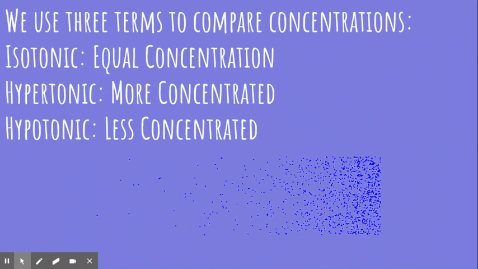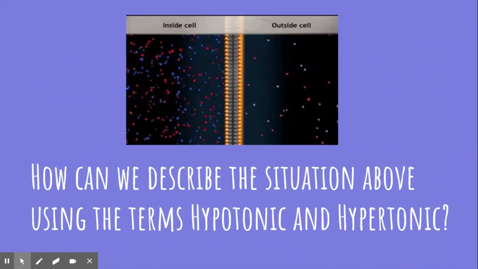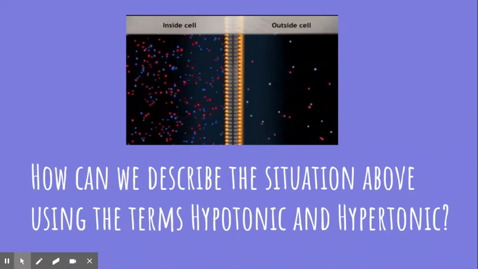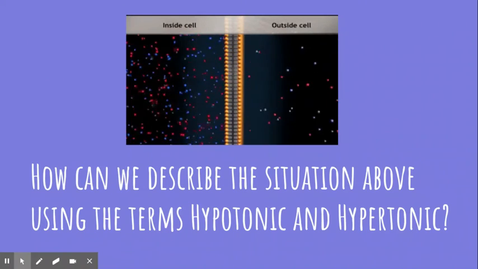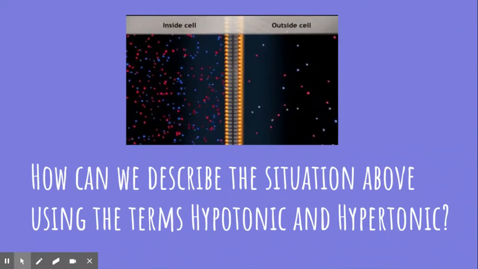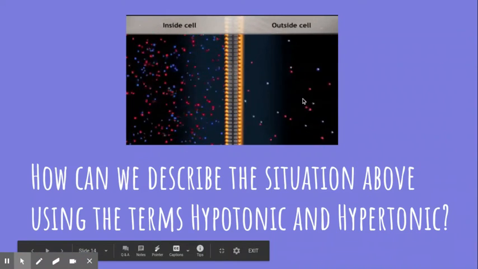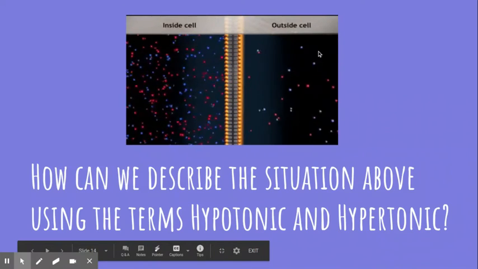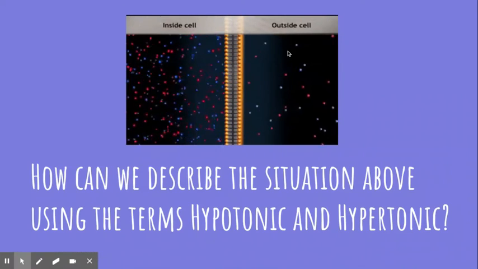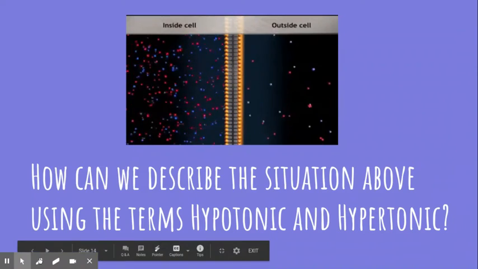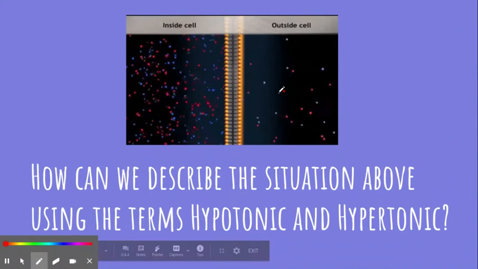And then we're going to have movement of water molecules based on that. So if you look at this cell right here, inside of the cell to outside of the cell, we're going to describe the situation using hypo and hyper. So outside the cell right here, okay, is hypotonic. Okay, a lot less solutes. So water is going to actually move this way.